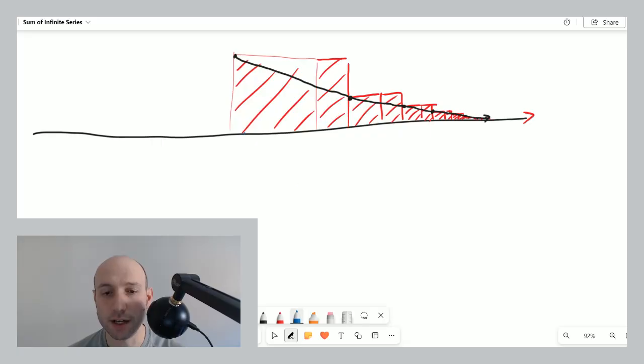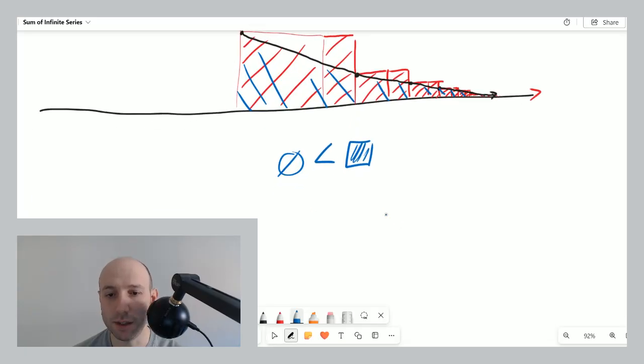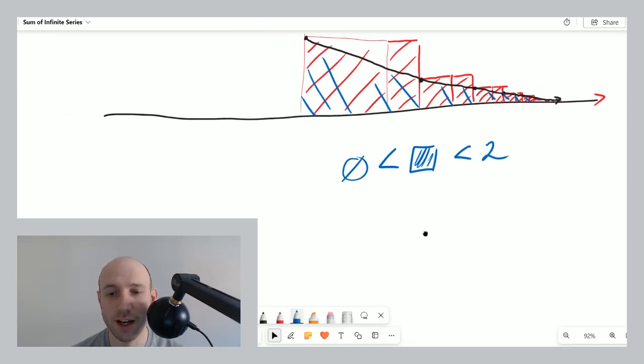So the area under that curve, whatever it is, it's going to be greater than 0, and it's going to be less than 2, because we know that all of the red shaded region has to add up to 2. So there's your illustration of how a continuous positive function defined all the way up to infinity can have an area under it that is a finite number, less than infinity.